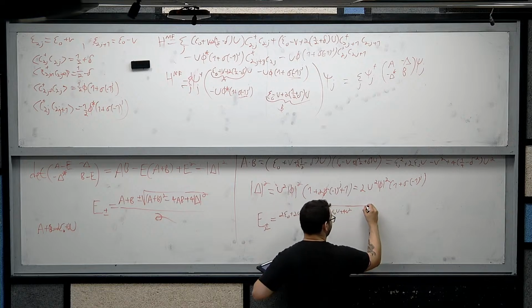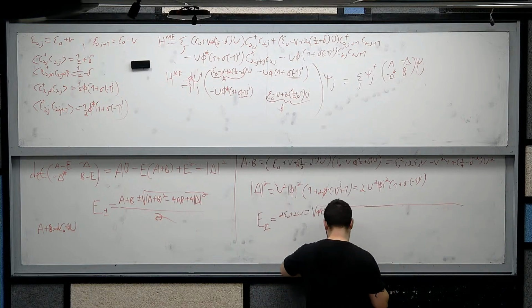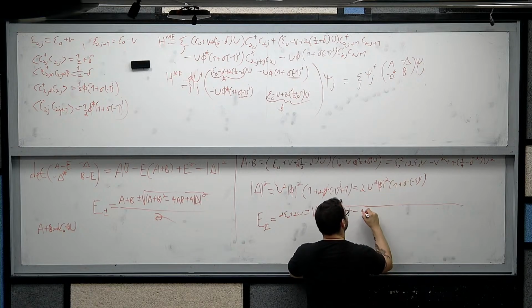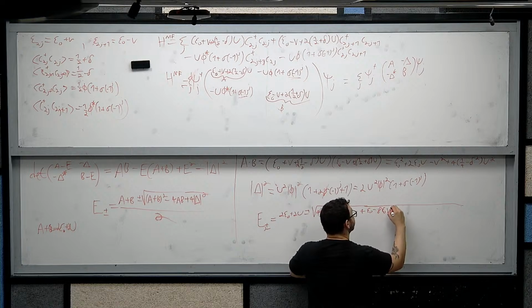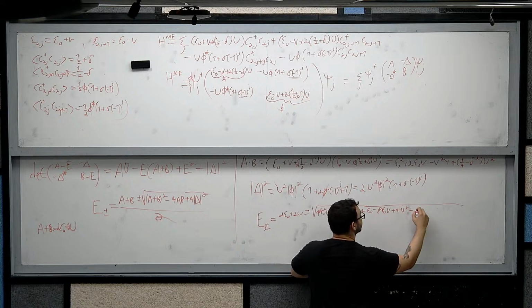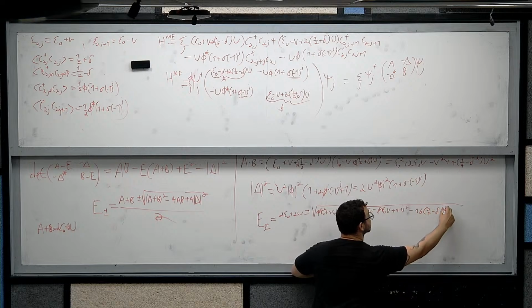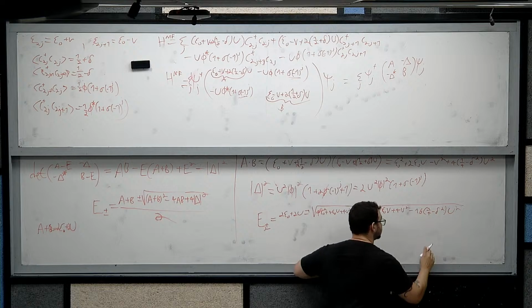This is going to be a long one. Minus 4 epsilon 0 plus 8 epsilon 0 v plus 4 v squared minus 16, I guess, over 4 minus squared u squared.